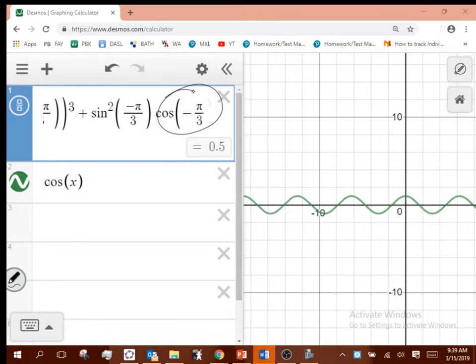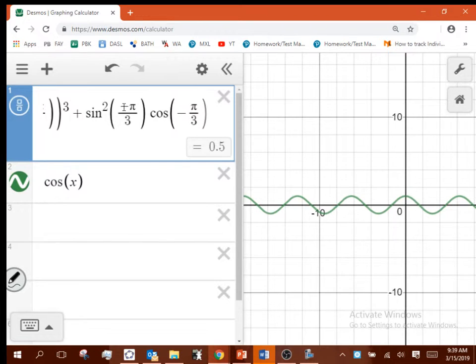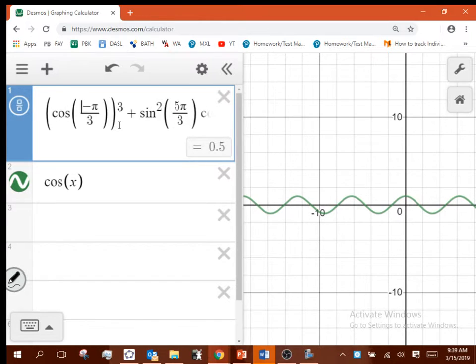Don't we know that the cosine of a negative angle is equal to the cosine of that positive angle? So that even-function property is existing there, which I think is what you're saying. If we put 5 pi over 3 there, because of the coterminal angles, it's still going to give us 1/2, right?